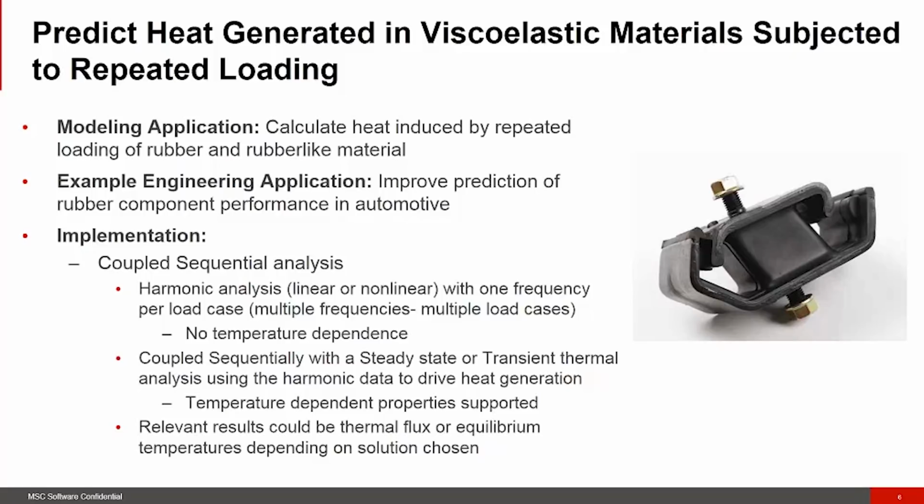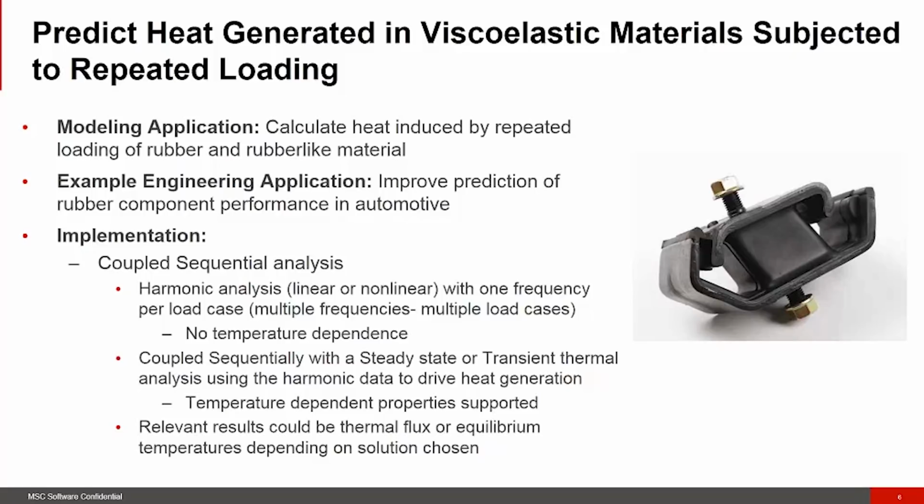So to address these types of problems and challenges, Marc 2018 provides a coupled sequential simulation workflow that allows you to easily calculate the self-generating heat from vibrational loading of these viscoelastic rubbers. It's a very simple process, and that starts through a harmonic load case to calculate the associated viscous energy dissipation at a single frequency.